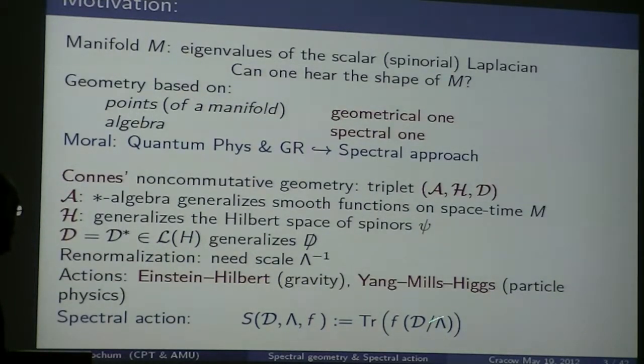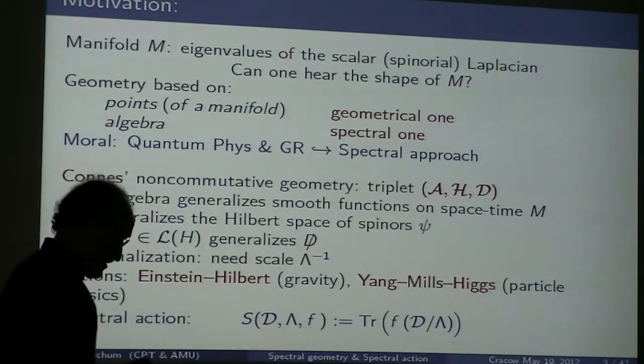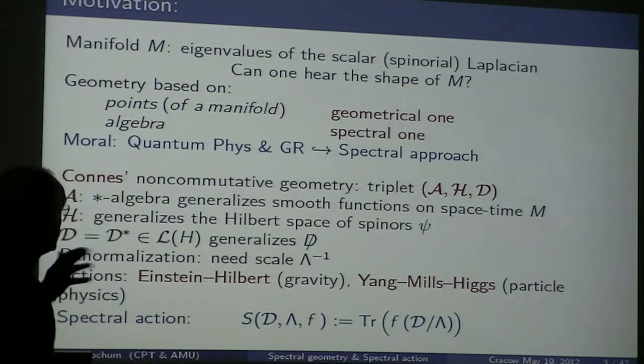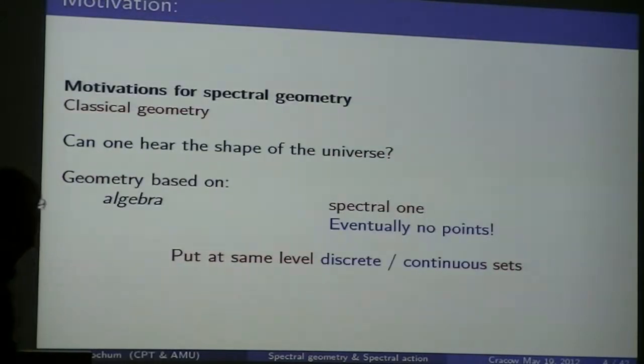So you have your renormalization here. f is an extra parameter. You just take the trace of this. Well, of course, since D is an unbounded operator, you have to be sure that this makes sense, but that's the whole story, actually.